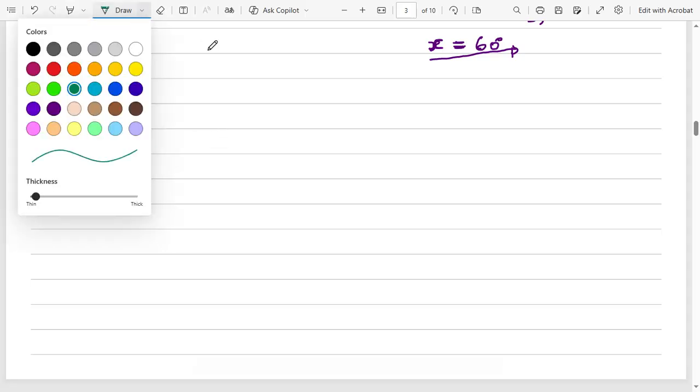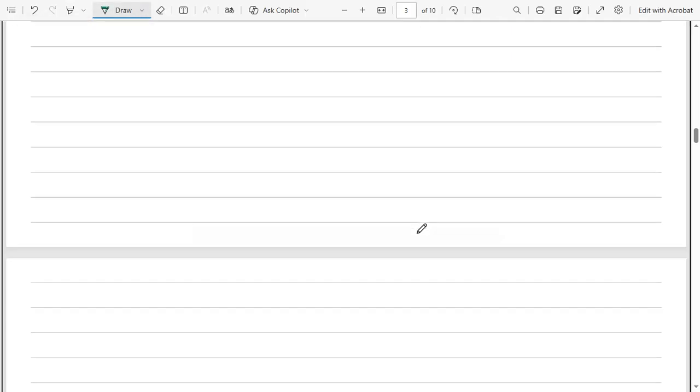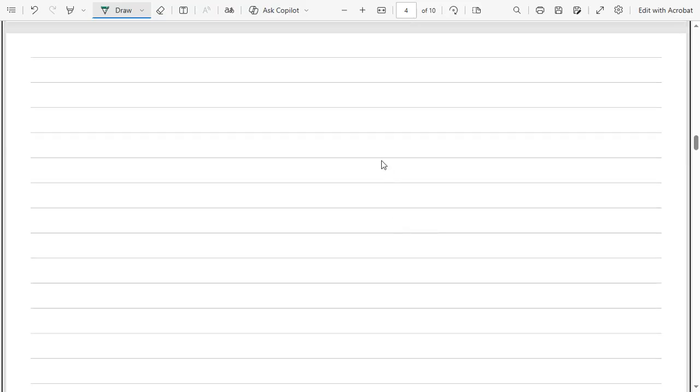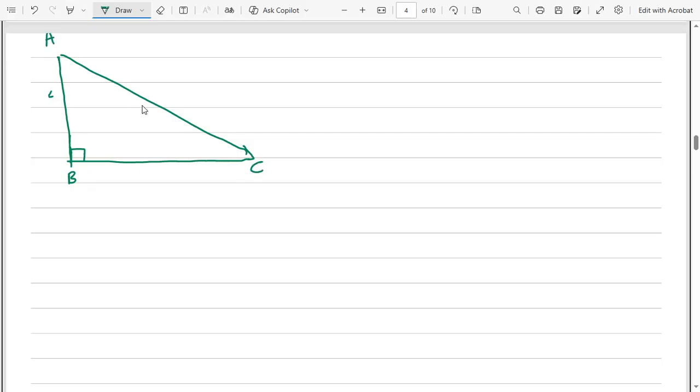Let us quickly go back to this part. If you still remember, we had a right angle triangle, but there are some things that we forgot to mention. In this right angle triangle, this is 90, this is B, C, and then A. I'm going to call this small c, this small b, and this small a.